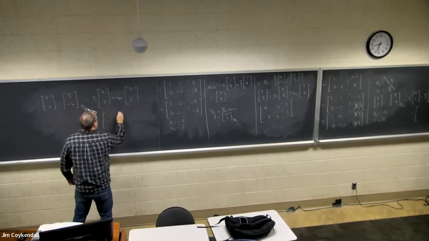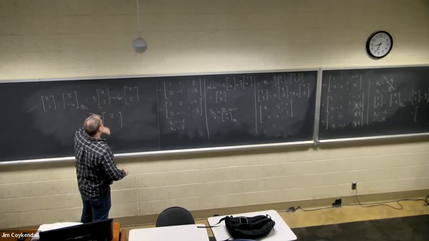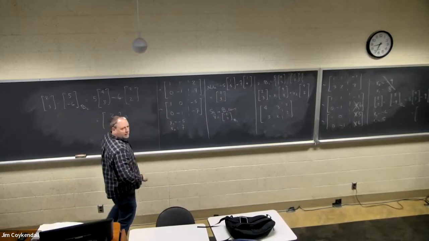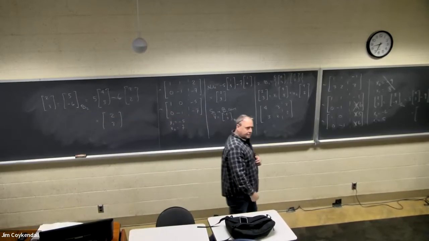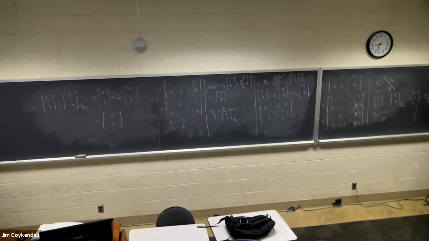And this time I get 20 minus 18 is 2, and 15 minus 12 is 3, okay, so I got it. Any questions?